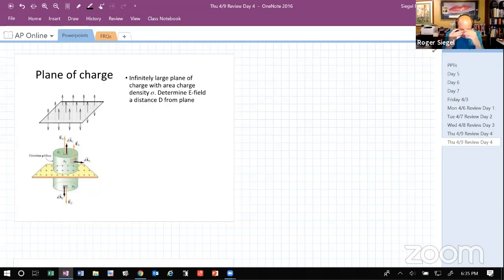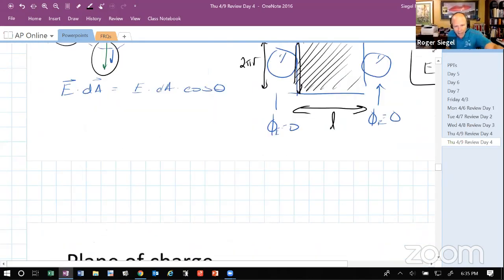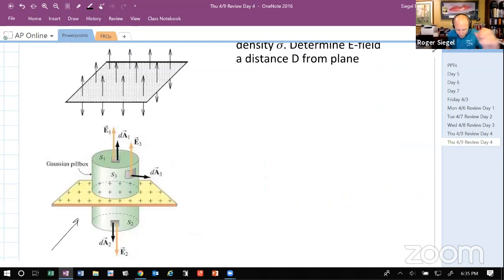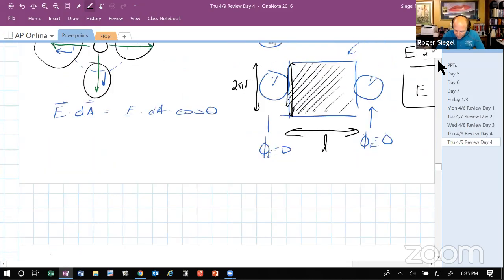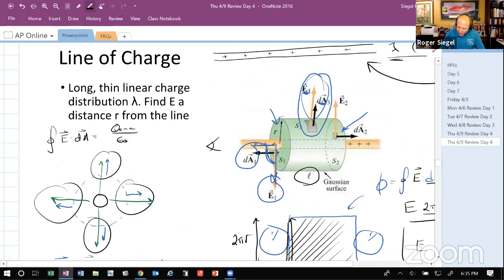A lot of times this is taught by using a cylinder around this, and you can see it's kind of the opposite case. Let's take a look at this and see what we have. In the previous problem, the E field was perpendicular to the A vector at the ends, and so the ends contributed nothing to the flux.